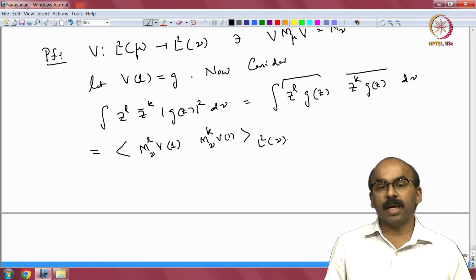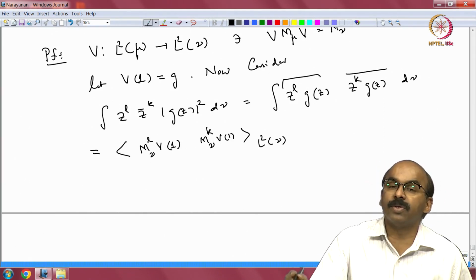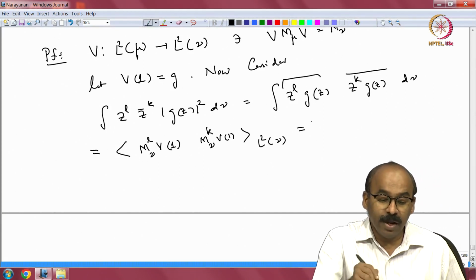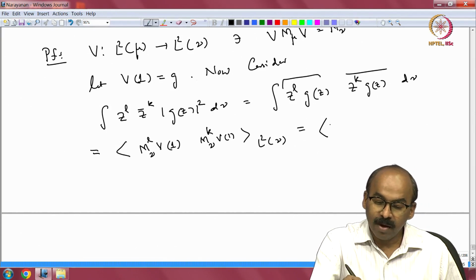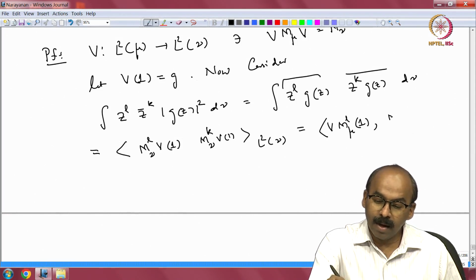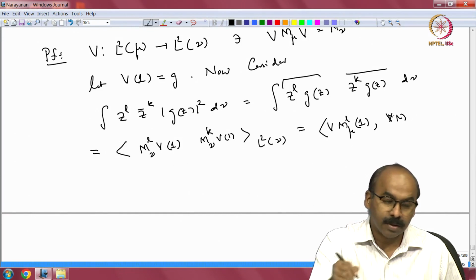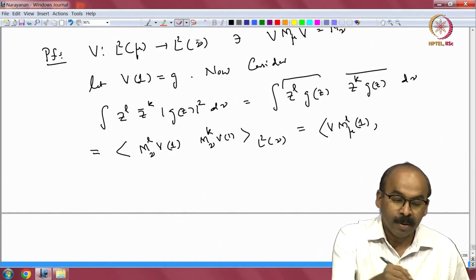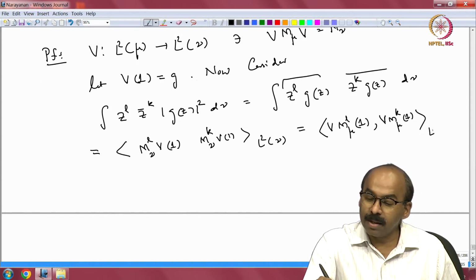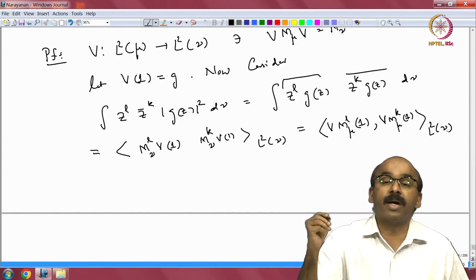So, you will get z to the k g z, and then you take the complex conjugate for the inner product. But then, because V intertwines these two operators, I will have V acting on m mu to the L on the constant function 1, and V acting on m mu to the k on the constant function 1, but again the inner product is still here.